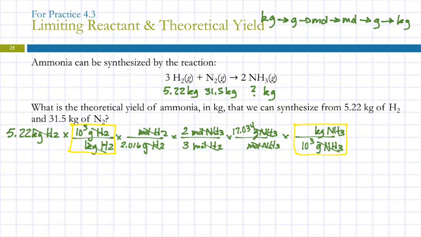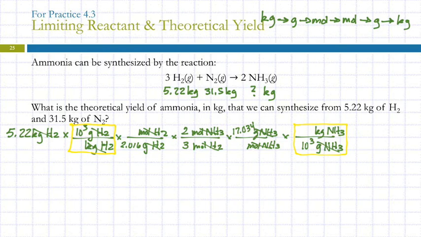Okay, so let's do the math. 5.22 times 1 EE3 divided by 2.016 times 2 divided by 3 times 17.034 divided by 1 EE3 equals. Syntax error, great. What did I do?